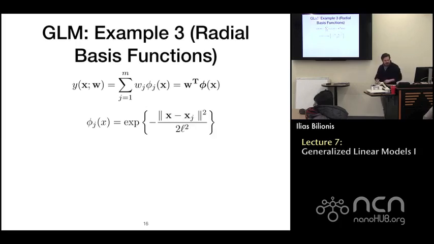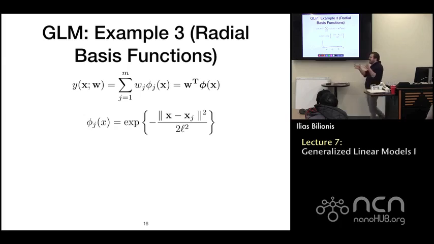All right, here's another example of basis functions. These are called radial basis functions. Let me just show you how these look. So if you draw x, in one dimension, you pick some centers for the radial basis functions, let's say x1, x2, and x3.